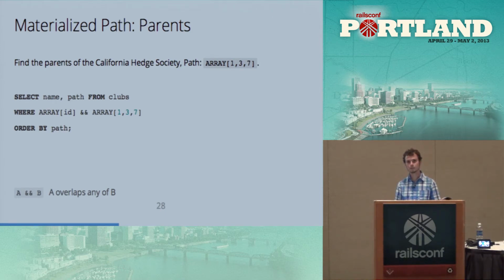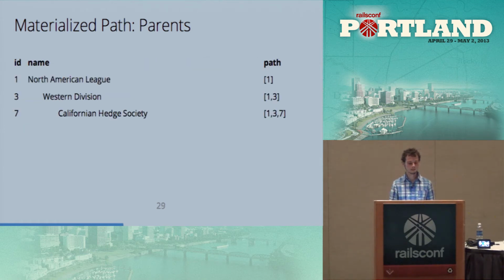We're going to wrap that up as an array so that we can use the overlaps operator. So which records overlap with California Hedge Society's path? North American League, Western Division, and California Hedge Society itself, because each of their IDs are contained in that path. So this is a really convenient way to be able to model a tree or hierarchy data in SQL.